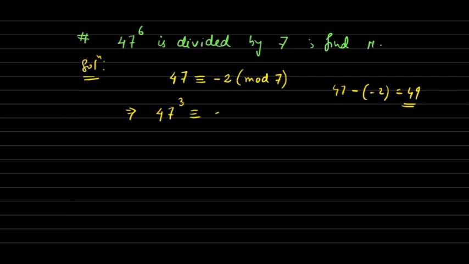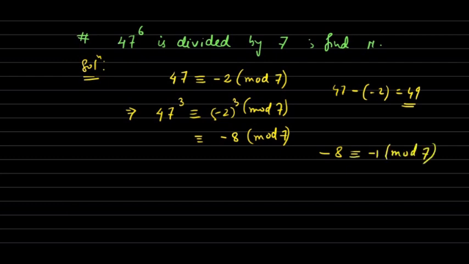47 raised to the power 3 will be minus 2 raised to the power 3 mod 7. This will give me minus 8 mod 7. Now we are getting this as minus 8, but minus 8 can be given as minus 1 mod 7, isn't it?